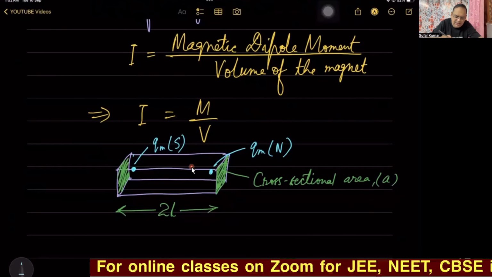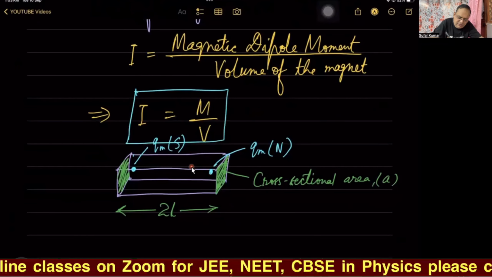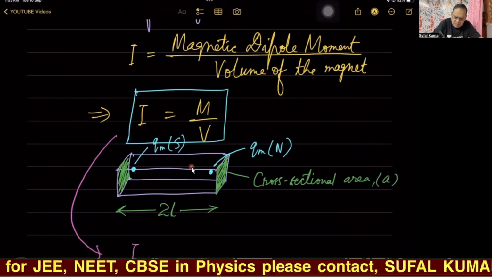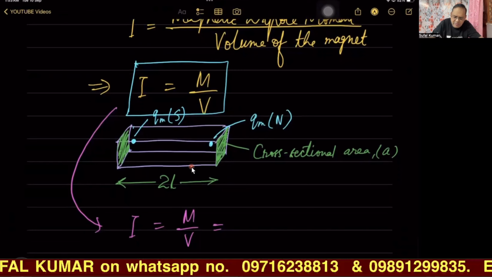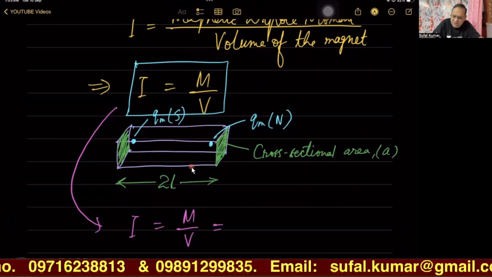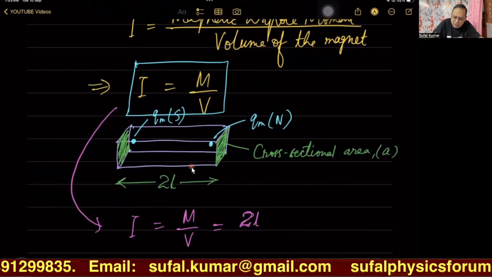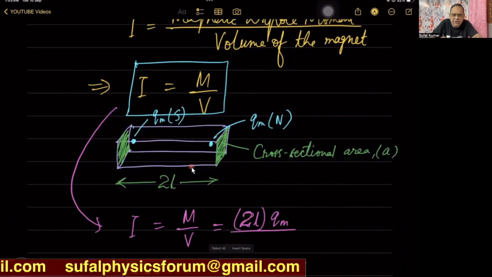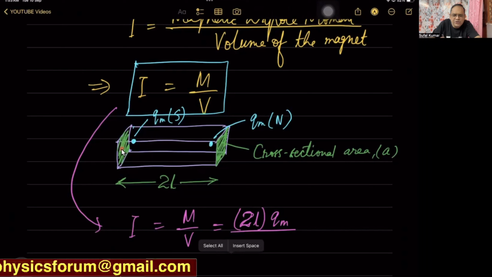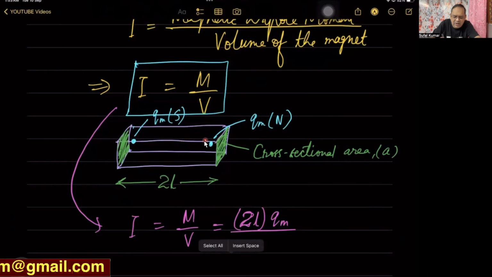Then automatically, let's first take m by v. I is equal to m by v, and further magnetic dipole moment would be written as 2L into Qm, and volume is cross-sectional area into length.